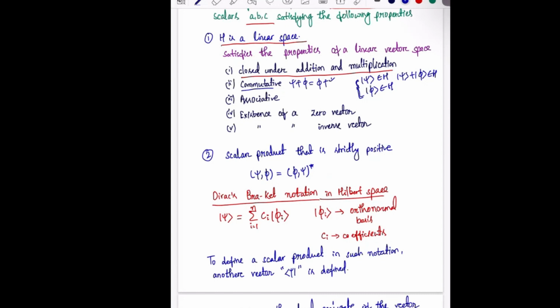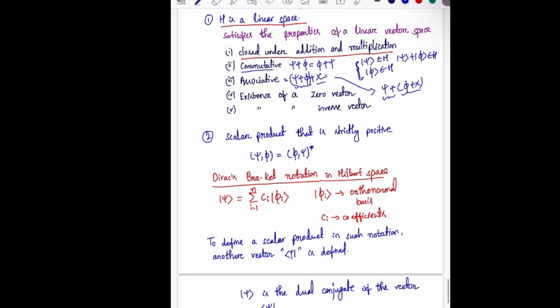We also have the commutative property, like psi plus phi must be equal to phi plus psi. And associative: if we have three vectors psi, phi, and chi, then adding the first two and then the third is similar to adding the second and third first, then adding the first vector.